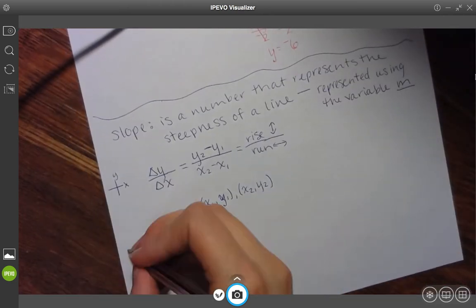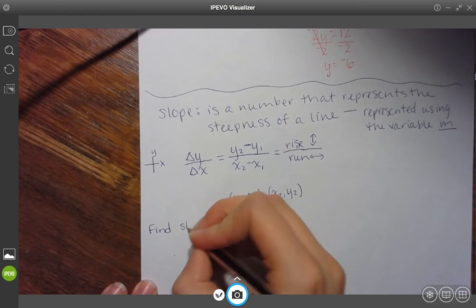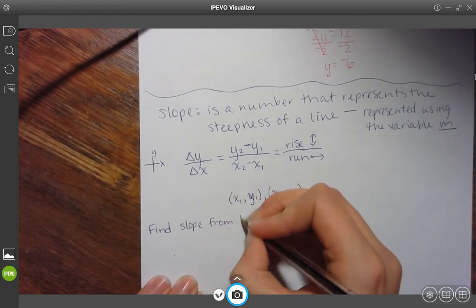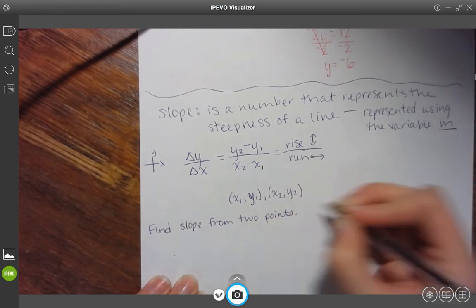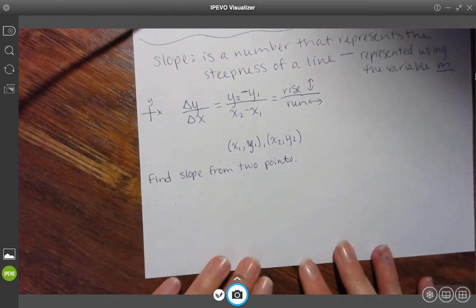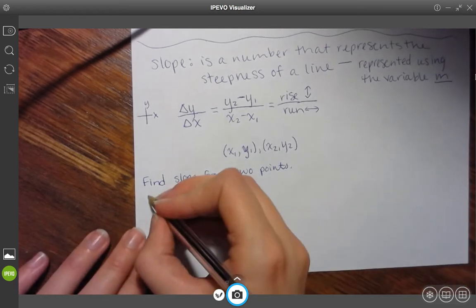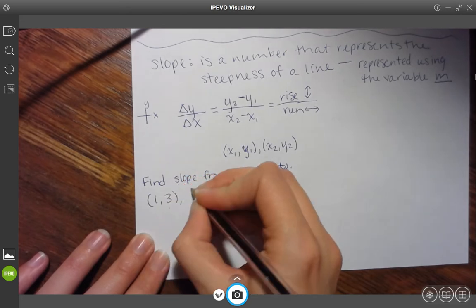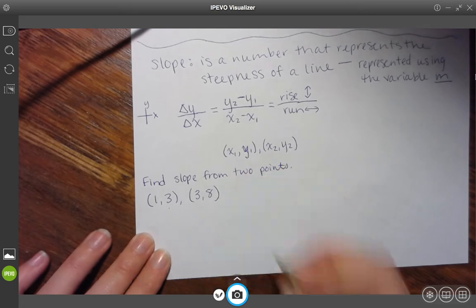Now let's talk about finding slope from 2 points. Let's say that the points I am looking at are 1, 3 and 3, 8.